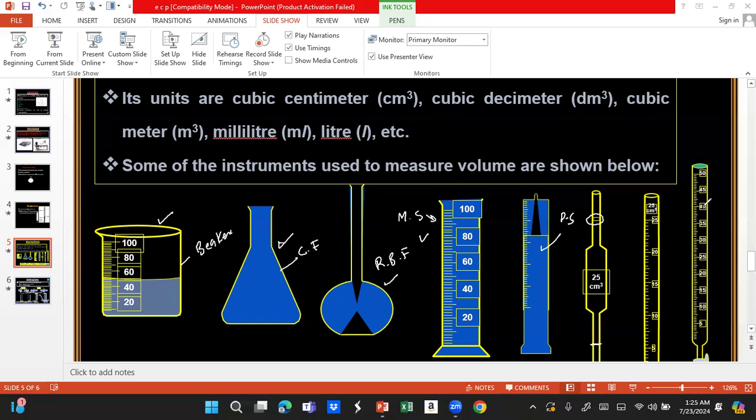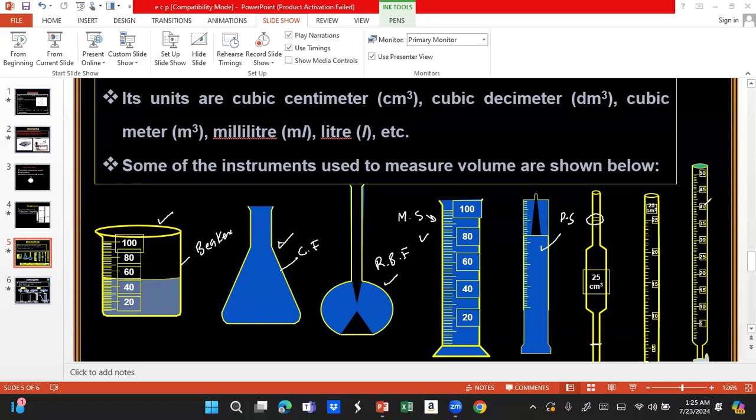And similarly, we have volume measuring devices which are in front of you. We discussed how to measure time. A stopwatch is normally used. We have analog clocks as well, digital clocks as well. We have a round bottom flask when we have to measure volume, like 100, 500, 1000. We use these flasks.